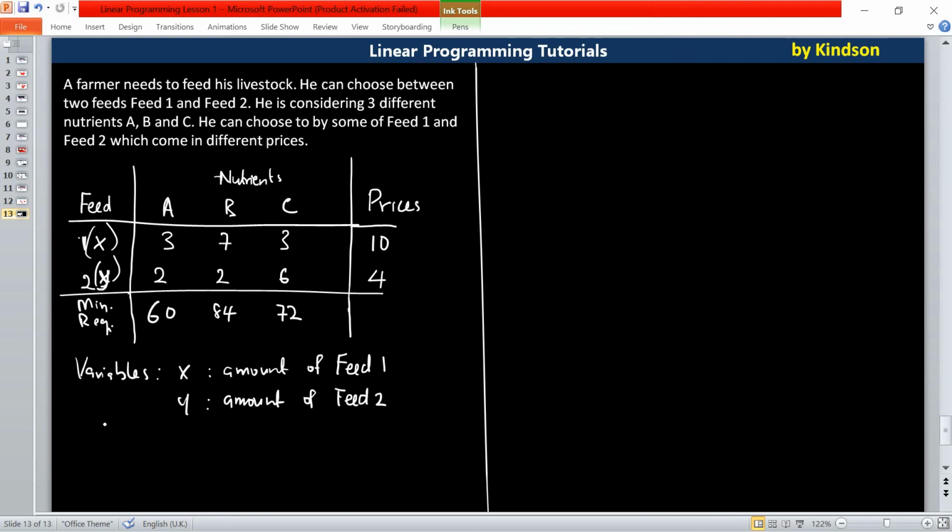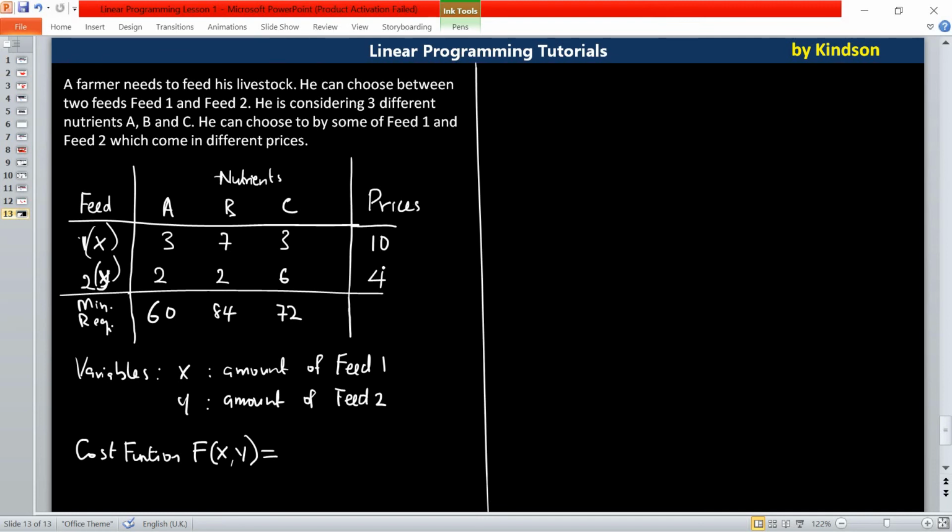The next thing we are going to set up is a cost function. The cost function is a function of the variables. So of course it always has to be a function of the variables, and it goes this way.